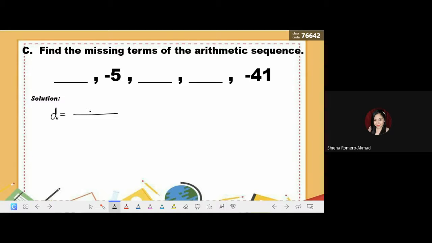Difference is equal to a sub n minus a sub k divided by n minus k. So this will be our a sub n. This is a sub k. So negative 41. Look at this. Negative 5 is bigger than negative 41, but this is the higher term. This is the lower. Minus negative 5 divided by, which term is this? 1, 2. Second term.